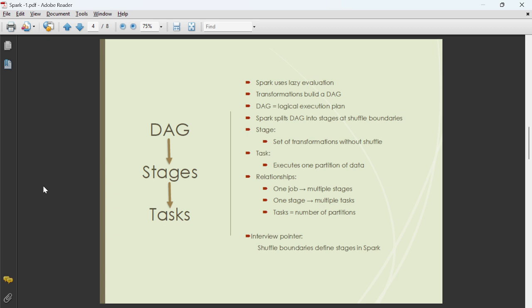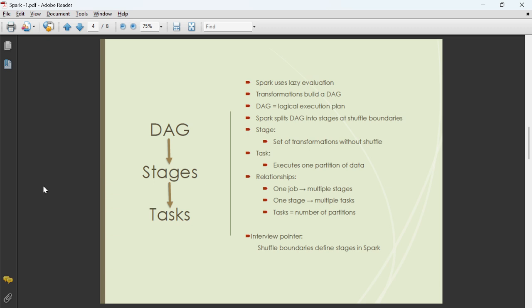The DAG represents what needs to be done, not how it will run. Spark then analyzes this DAG and looks for places where data needs to be shuffled across the cluster. Every time a shuffle is required, Spark creates a stage boundary. So remember this rule: shuffle boundaries define stages.